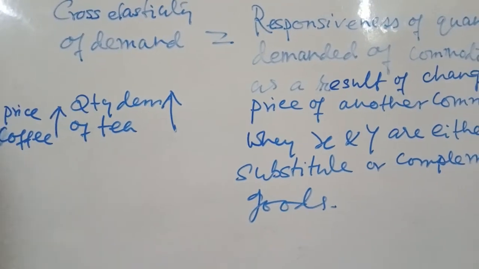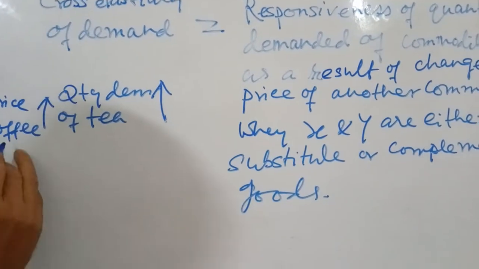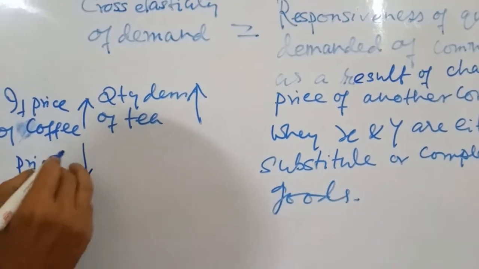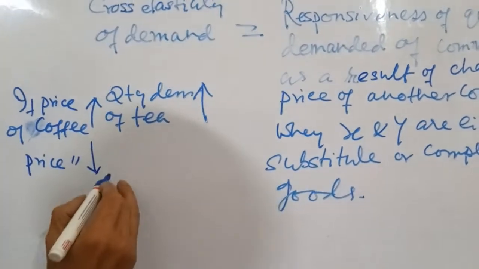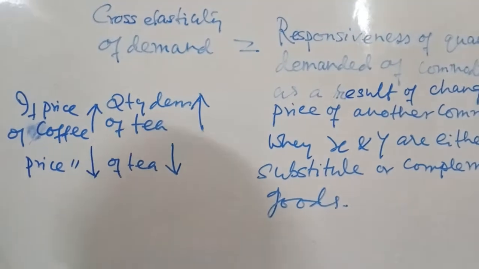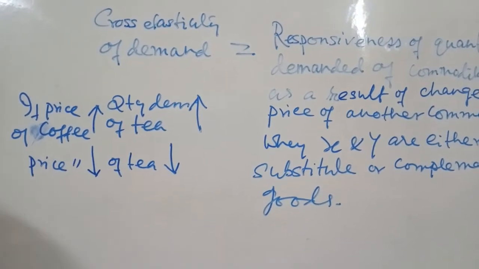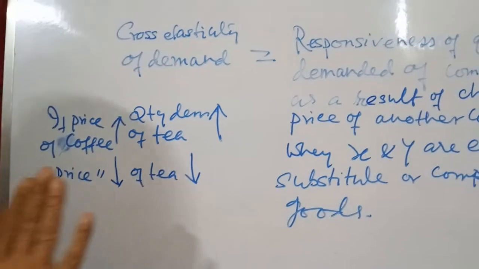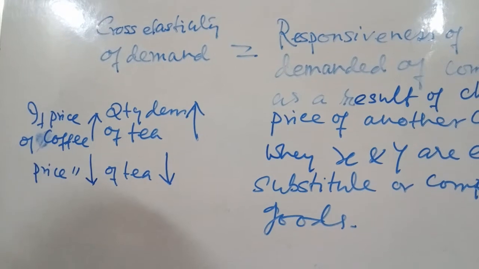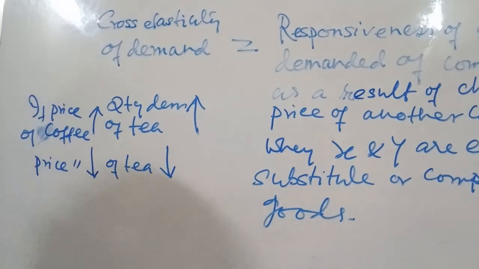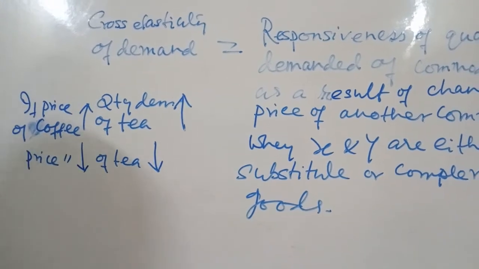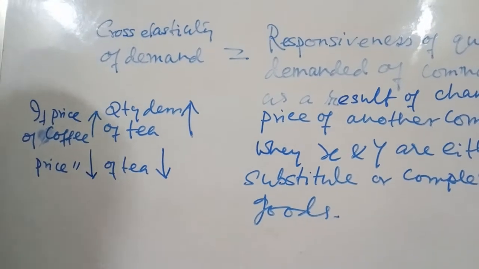Correct? In the same way, if price of coffee falls, then quantity demanded of tea also falls, because as price of coffee falls, when price of tea remains constant, then the consumer will purchase more coffee, he will consume more coffee relative to tea, because price of coffee has become relatively cheaper compared to tea.